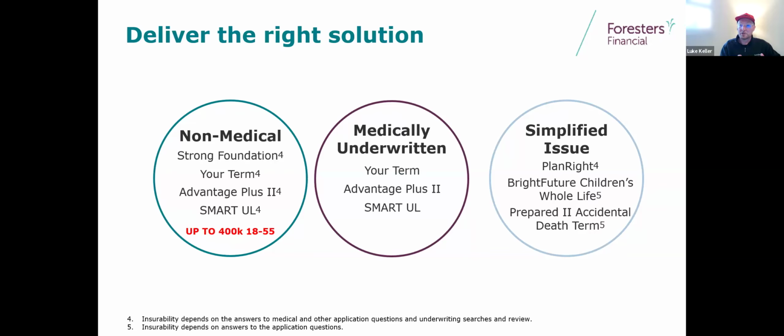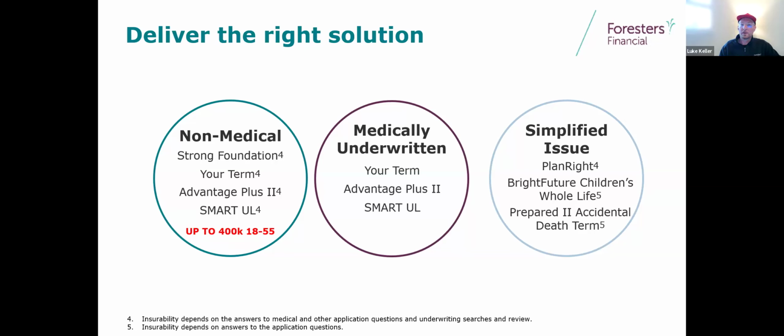So 3 great product options you can write on either platform. Non-medical also includes the Strong Foundation term product. That's the niche product I was talking about with the special rules for diabetics and for tobacco users. I'm going to highlight a little bit of that product here in a moment.